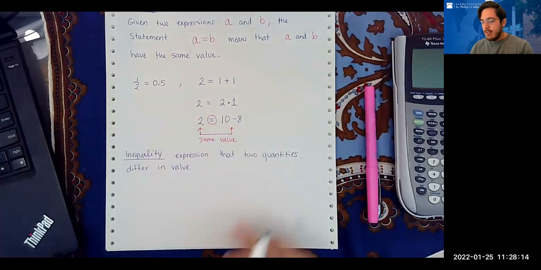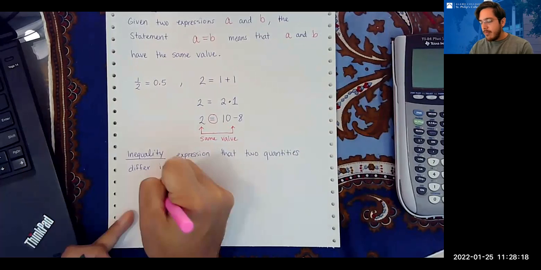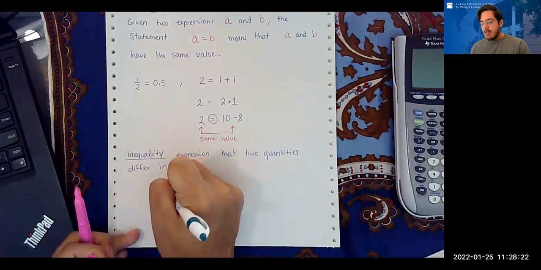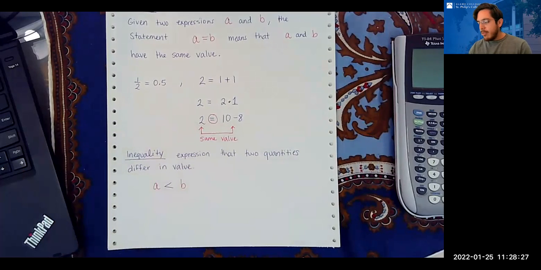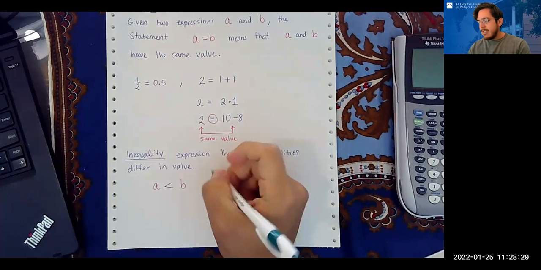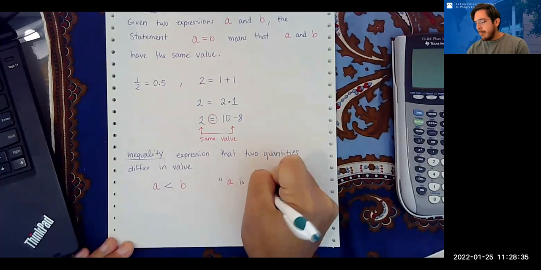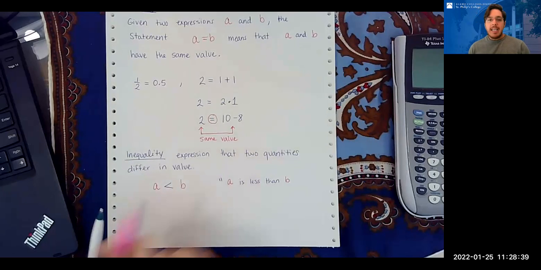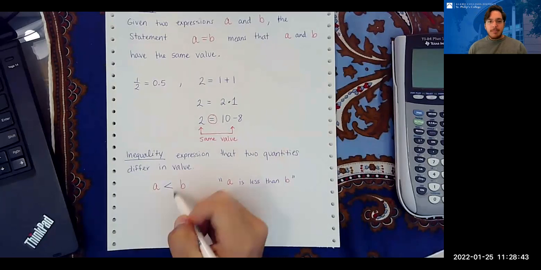Let me go ahead and continue using A and B. A, and then we'll use this symbol. And this indicates to us that whatever the value of A is, it is less than B. Right? Like A could be my age and B could be the age of my older brother.